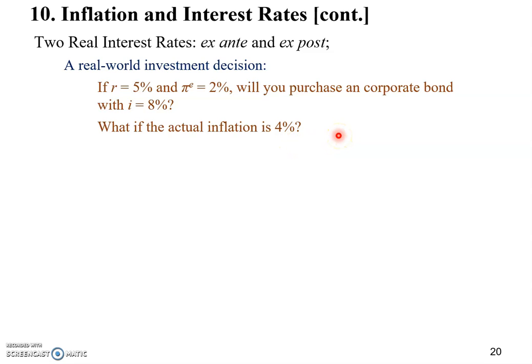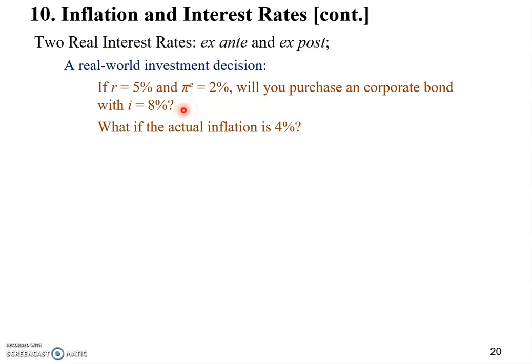Let's say you purchase this corporate bond in January 2021, okay? And then in December 2021, when the whole year is gone, the government reported the actual inflation in that year is 4%. Now, what is happening to your investment?